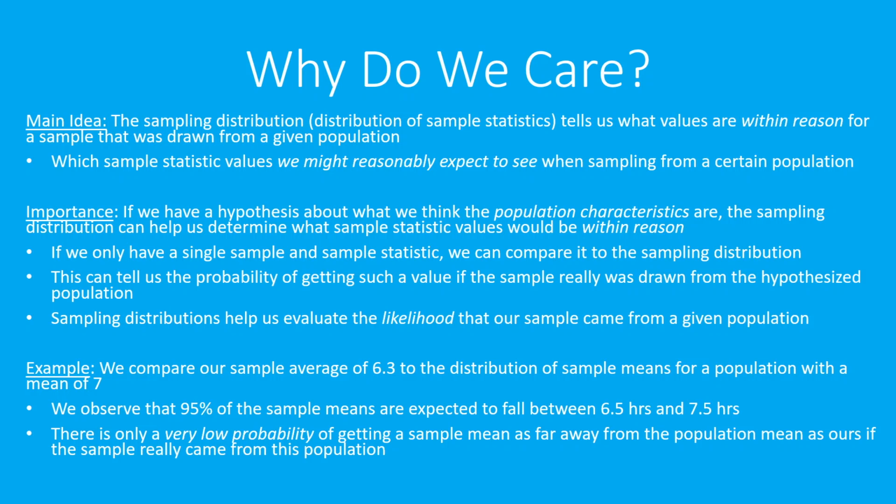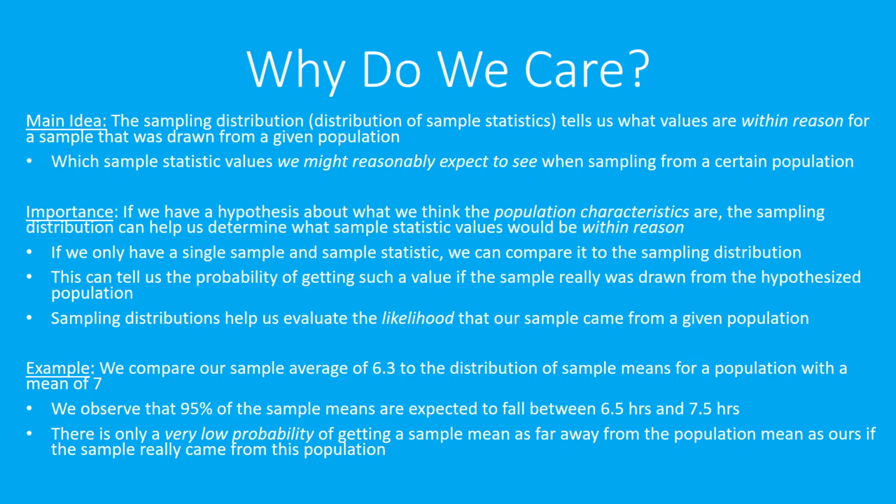And so what we might see in this hypothetical example is that 95% of the sample means are expected to fall between 6.5 hours and 7.5 hours. And because our actual sample average was 6.3 hours of sleep, it falls outside of this 95% interval, right?